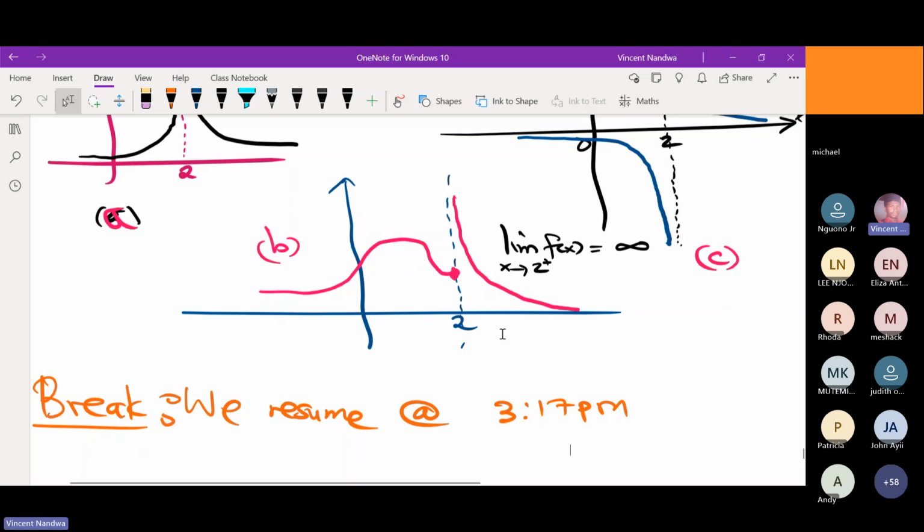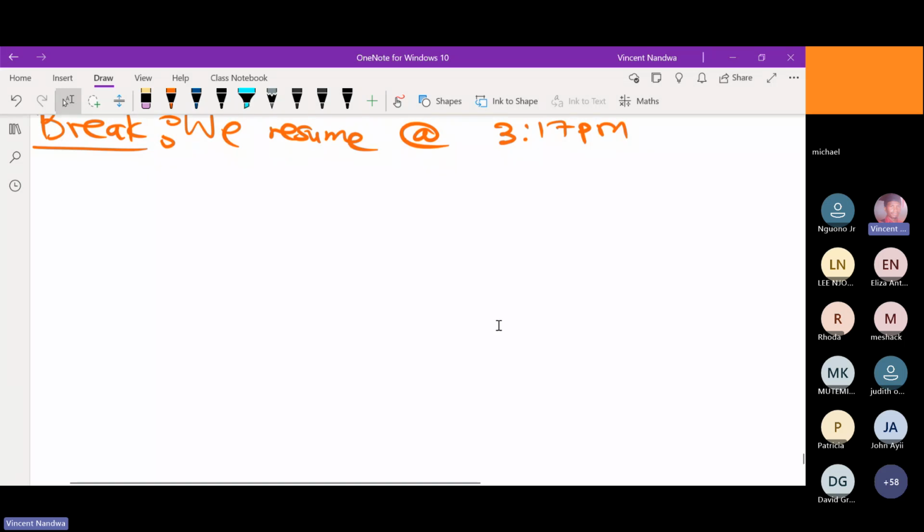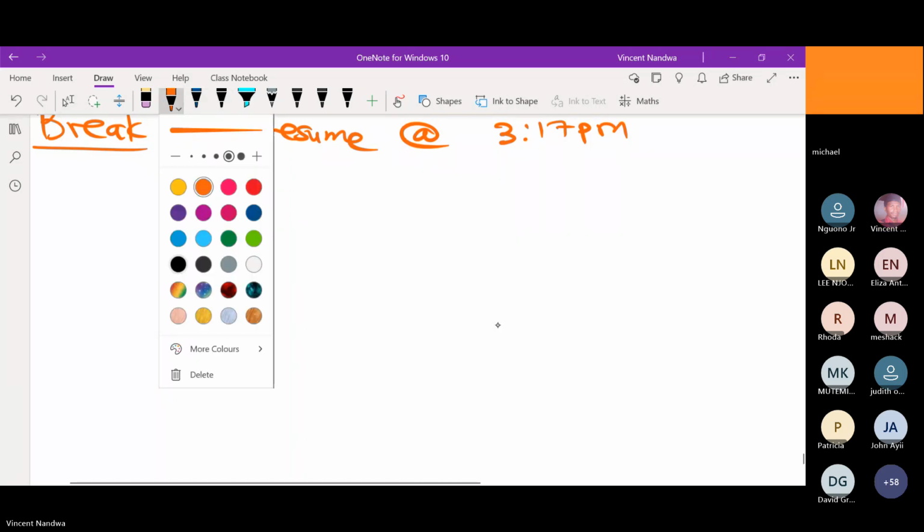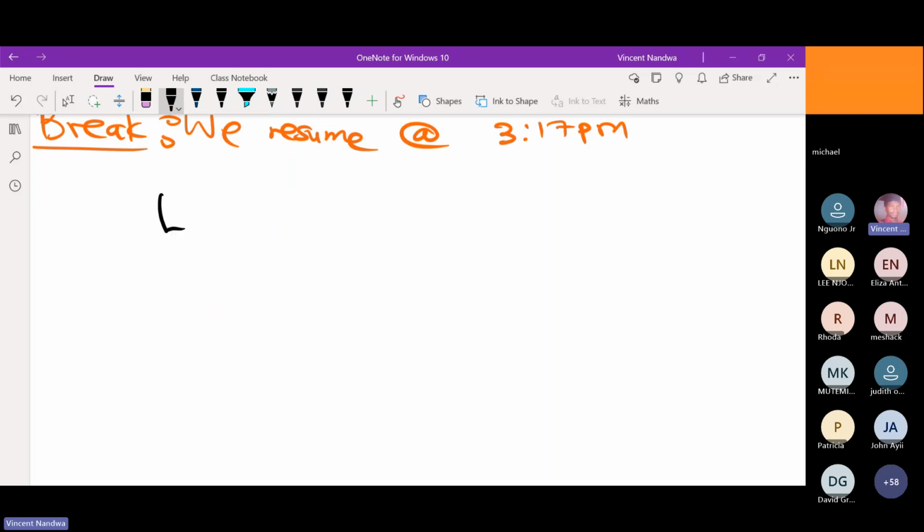Okay, let's quickly go through limits at infinity, and then we can break. So, limits at infinity. I remember our interest here in this section is rational functions.